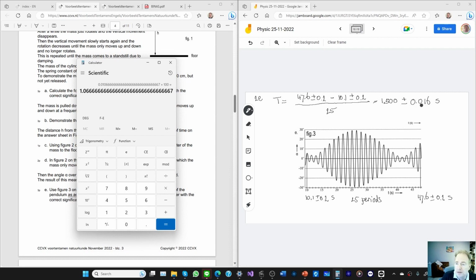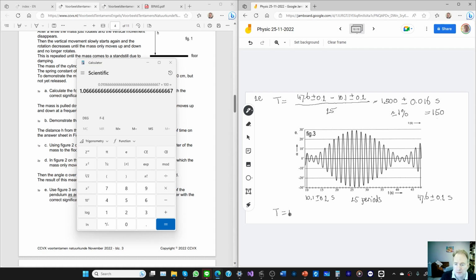It's about 1%, that means 1 in 100. So we can write this in terms of significant figures as 1.50, with this last digit being uncertain.